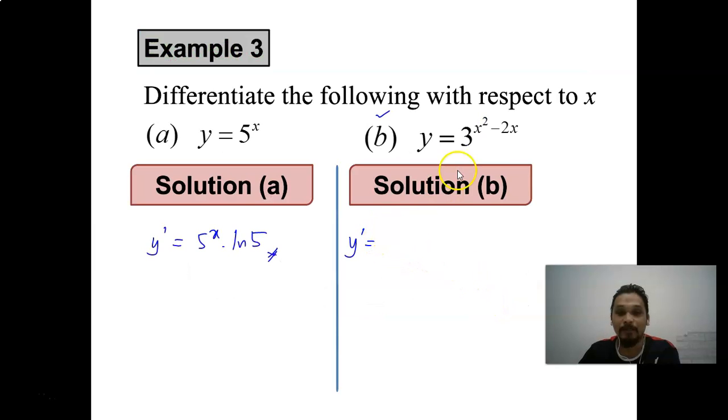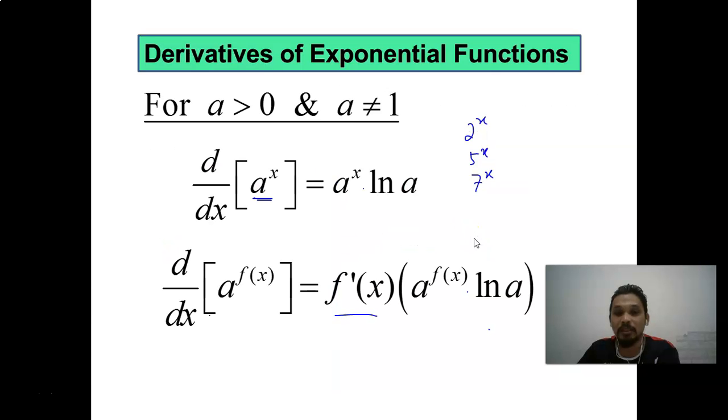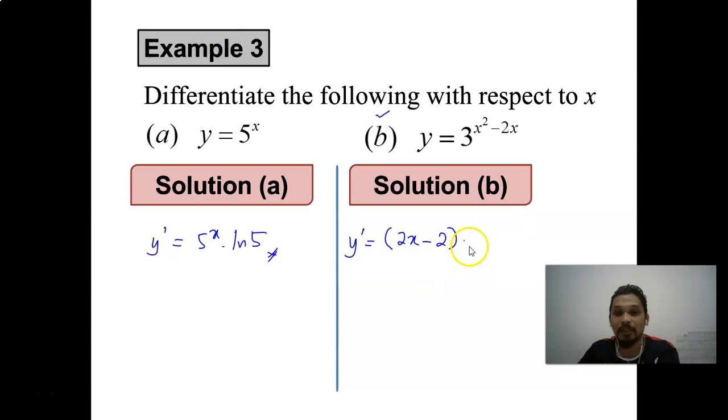So then here now, differentiate this x squared minus 2x. Differentiate x squared, 2x, minus differentiate 2x, come out with 2. Then multiply with 3 to the power of x squared minus 2x multiplied with natural log of 3.